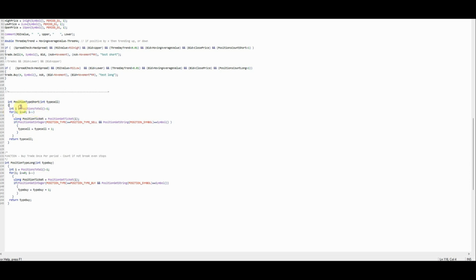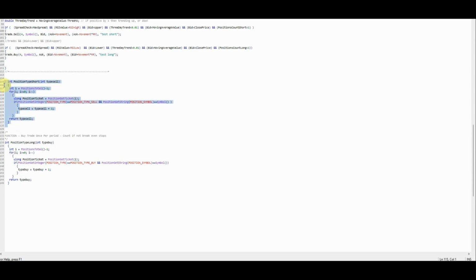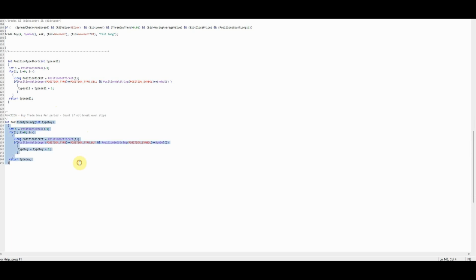So it's counting the total positions based on the filters that we put in here. And then it returns this type sell number, which we count in this little bracket. So that function returns the amount of sell orders that we currently have open based on the conditions that we've set here. And same for the buy side. So exactly the same, only it's a type buy.